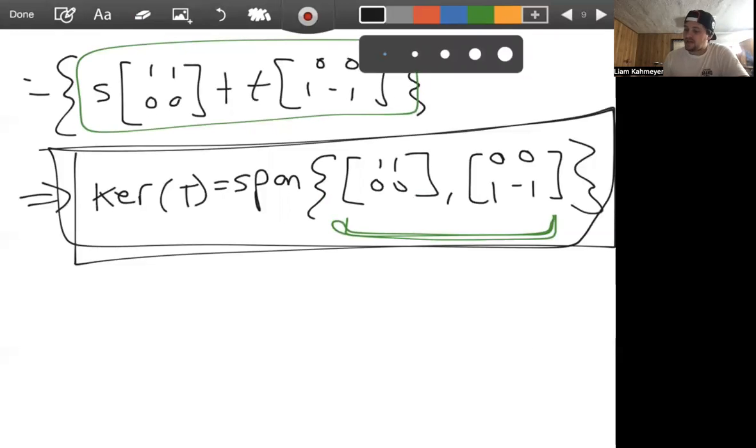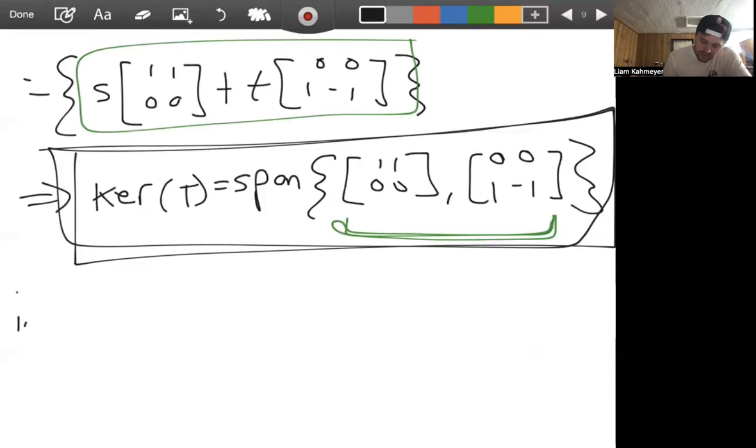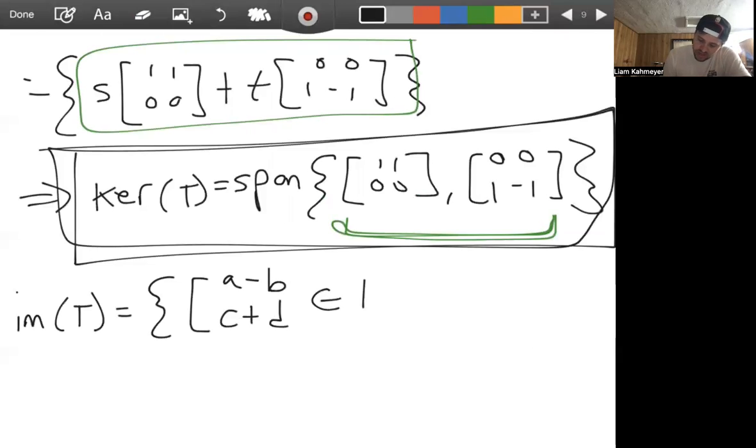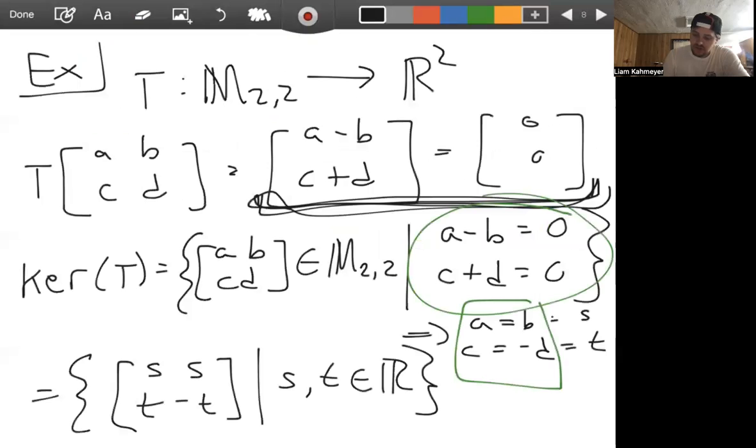So that's the kernel. And what about the image, right? Well, now the image of T is going to be the collection of all vectors (A minus B, C plus D) in R2, right? This is how you would find the image, because you're looking at any vector of the form here.